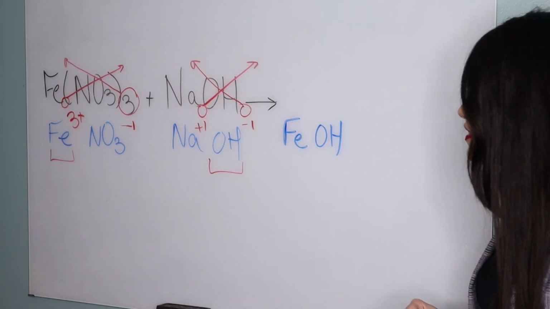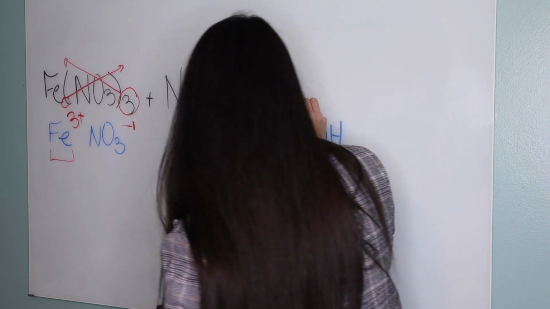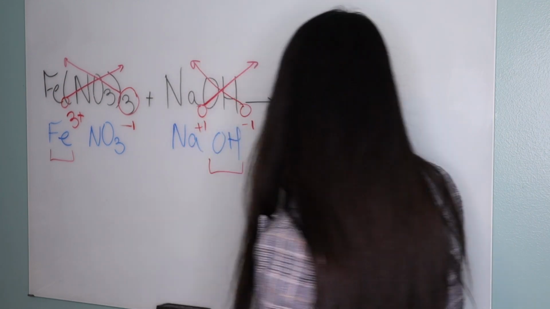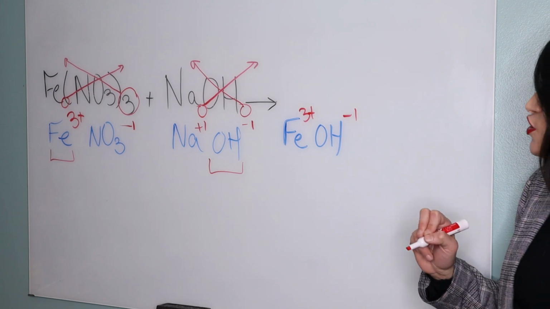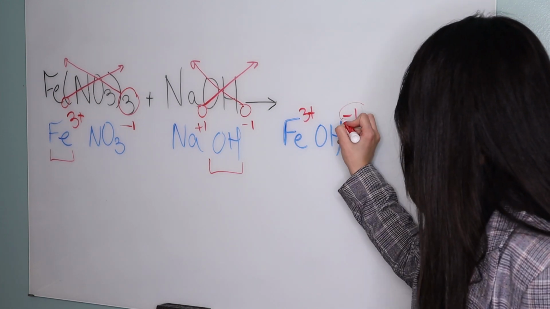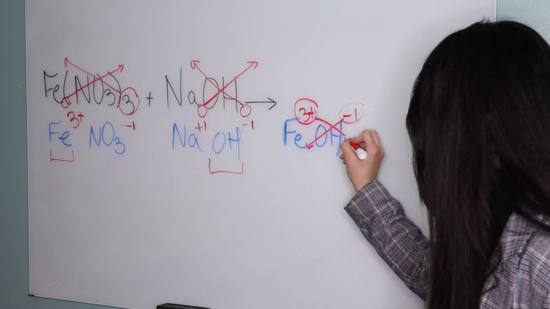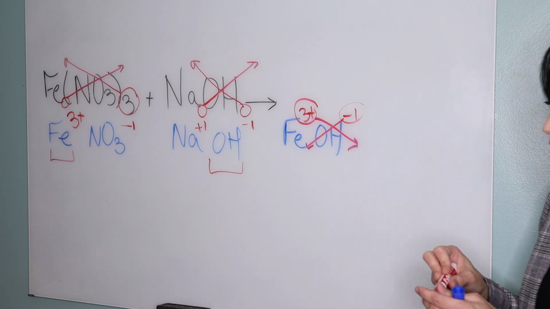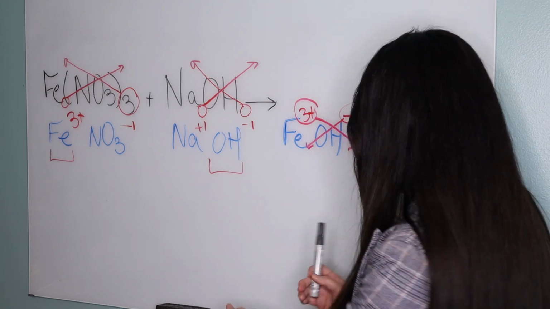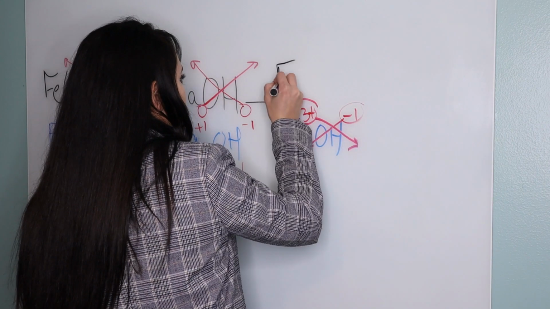And I'm going to be doing that with the charges that we've already found out. So 3 plus and negative 1. After you do this, you're going to take this charge and go down and across. Take this charge and go down and across. So your final product is going to be this.